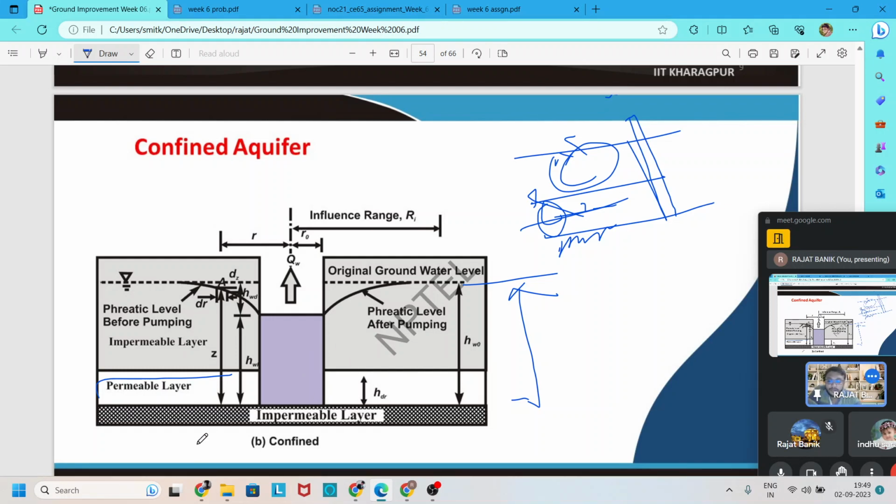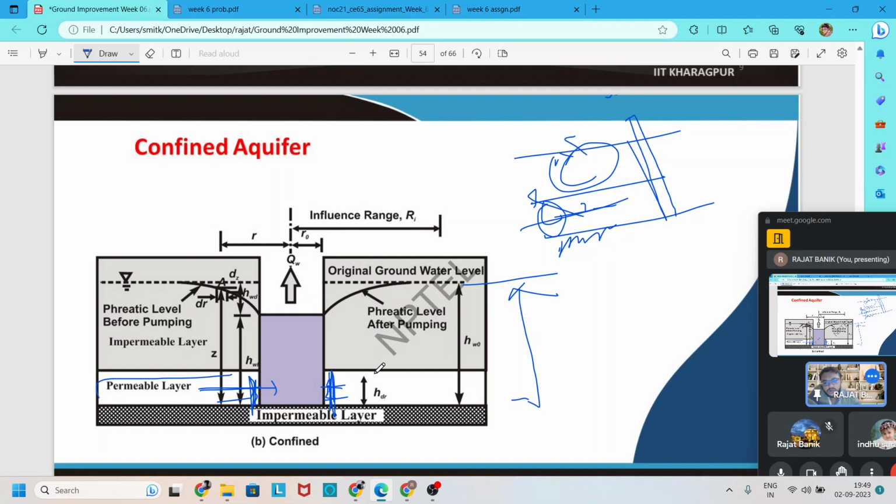But if you see, the water comes to this well from this region only. If you see the drawing I drew online, only from that region does water come to this well.